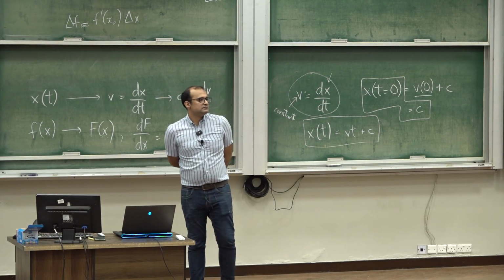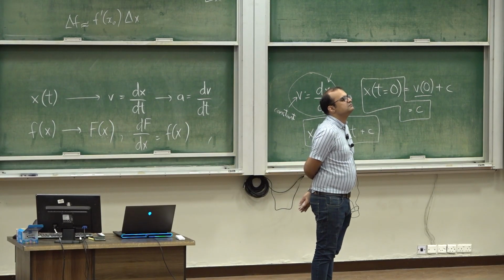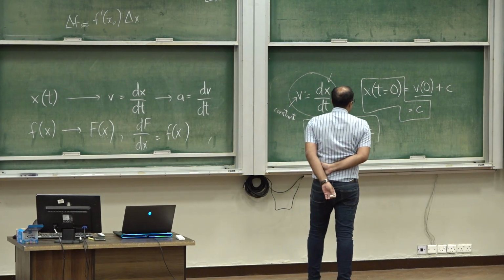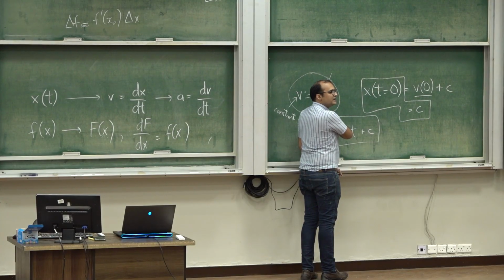Okay. V is constant. When you take the derivative of this thing, v pops out of the derivative. You're just left with the derivative of t, but that derivative is 1.